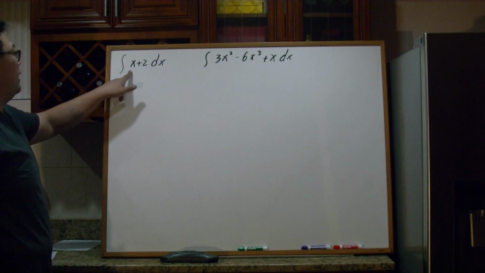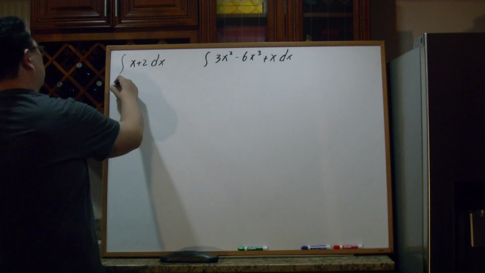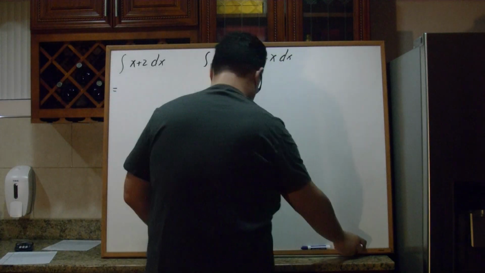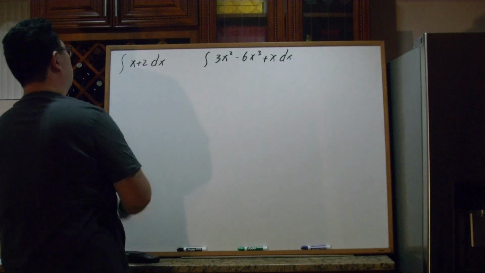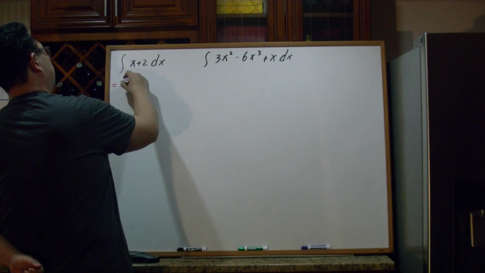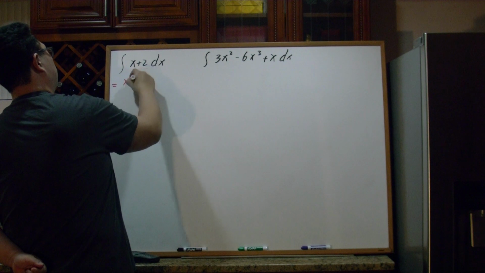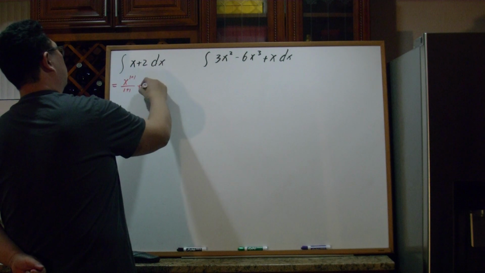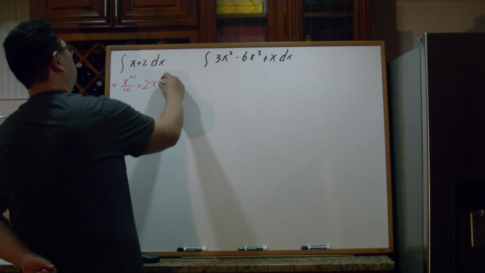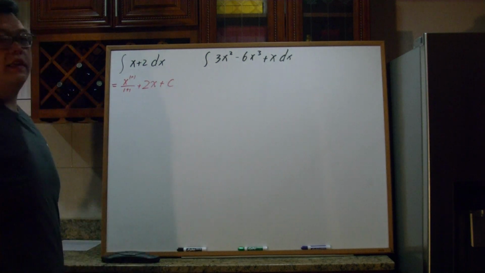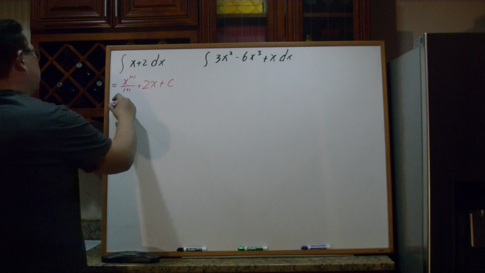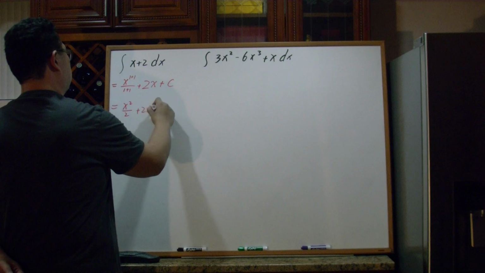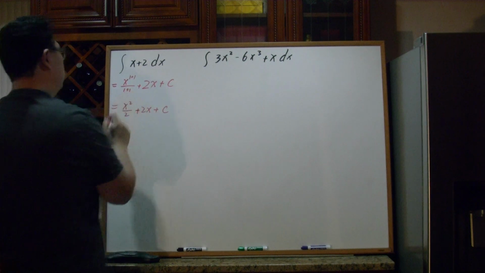We have x plus 2, with x to the 1st power, so separately that's x to the 1 plus 1 over 1 plus 1. And for 2, taking the antiderivative gives 2x. After every term we applied, plus c. So we get x squared over 2 plus 2x plus c.